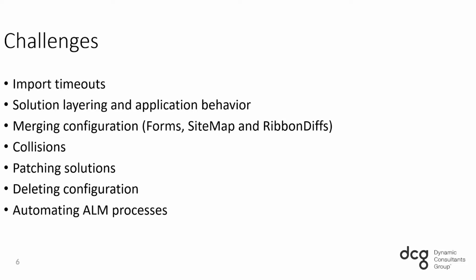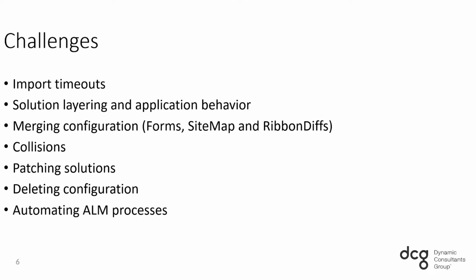Some of the challenges in working with solutions that we come across: import timeouts. So we're going to import the solution, it times out. Solution layering and application. How do we know what functionality is displayed to the user based on the layers of solutions that exist?